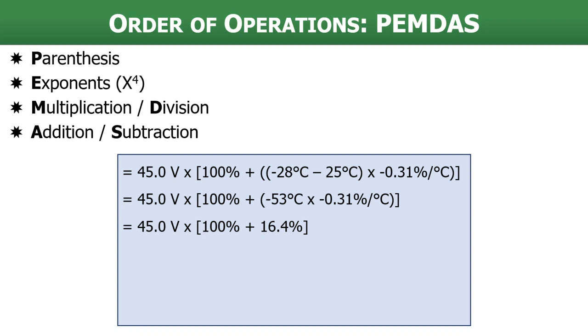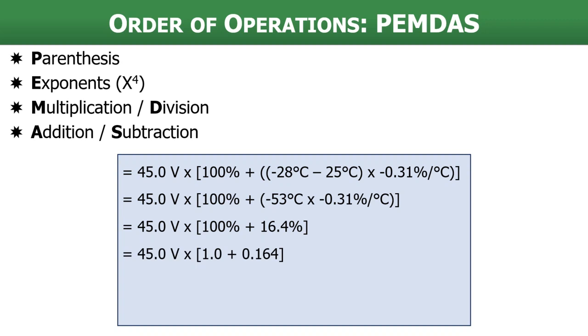We're going to add that to 100% because we're still in parentheses or brackets. In this case, we use the brackets just because there are so many parentheses there. So we're going to do the 100% plus the 16.4% in the bracket.